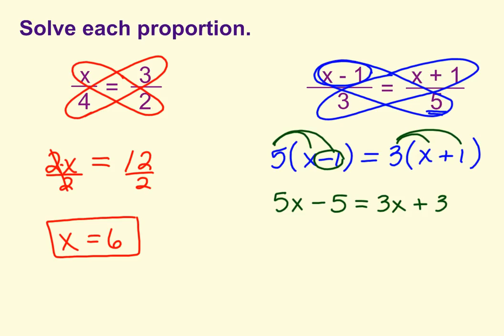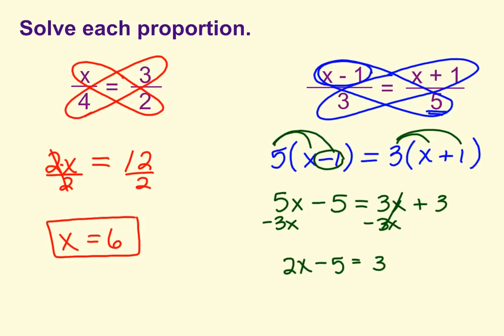So now when we solve, you've got variables on both sides, so let's get those together. Sometimes I like to move the smallest one. We have a positive 3x on the right, so we can go ahead and subtract 3x from both sides. 3x minus 3x cancels. This leaves us with 5x minus 3x is 2x, minus 5 equals 3. And now we have a two-step equation.